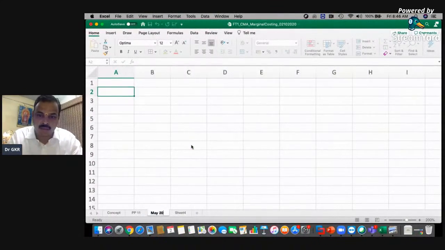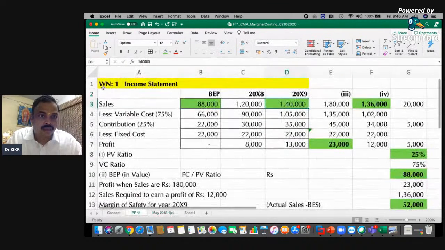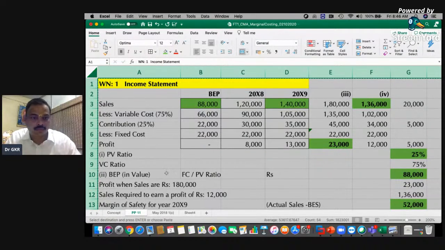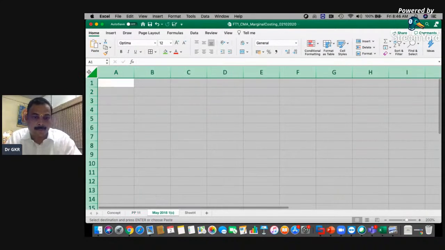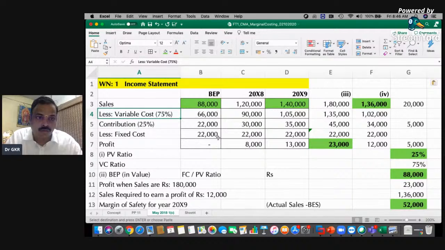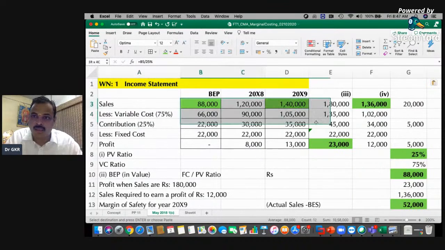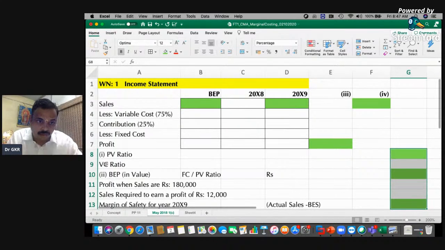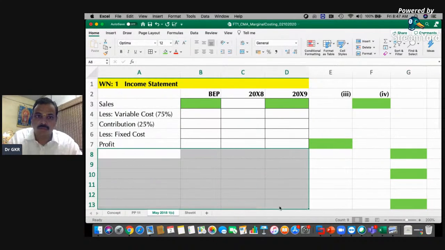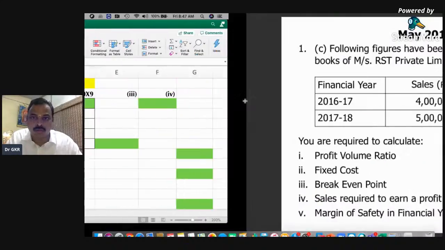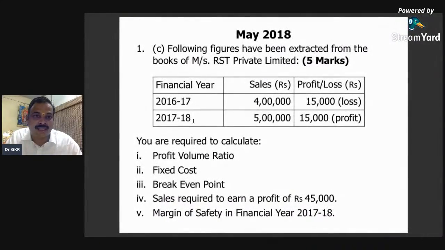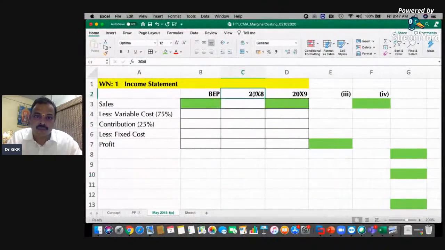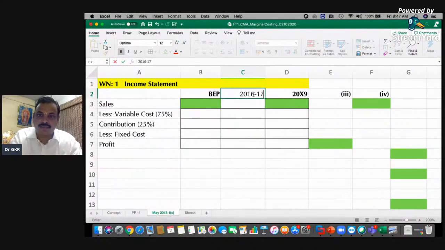May 2018 1C. So the same model, let me take this here. I'll just delete all these numbers. Now this is actually 2016-17 and 2017-18.